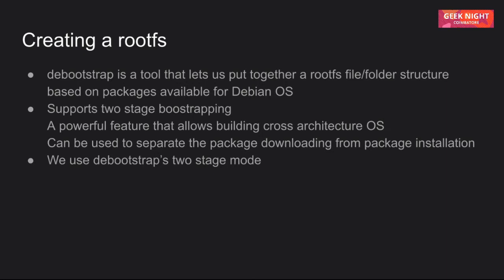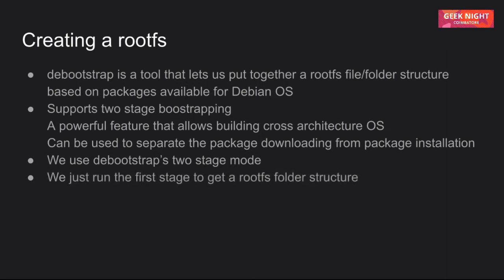So if we think about the first time when a 64-bit operating system would have been created, they would have used an emulator sort of thing, which would have a working 64-bit processor, and there the installation scripts would have been run. But nowadays, since for all of the architectures we do have some operating system or the other available, we can use any of the operating systems that run on the architecture that we want, and then within that we can run the Dbootstrap second stage.